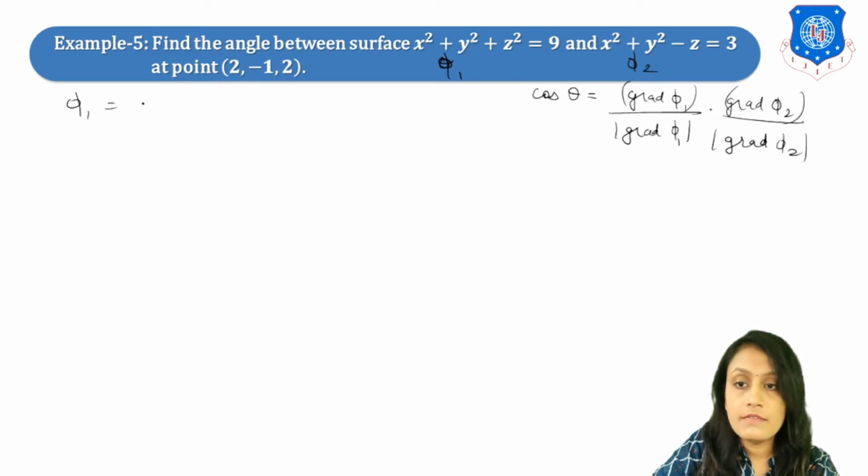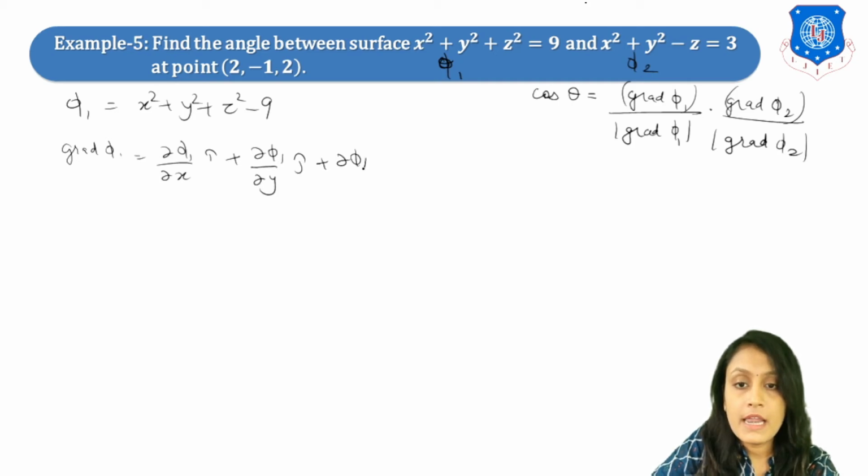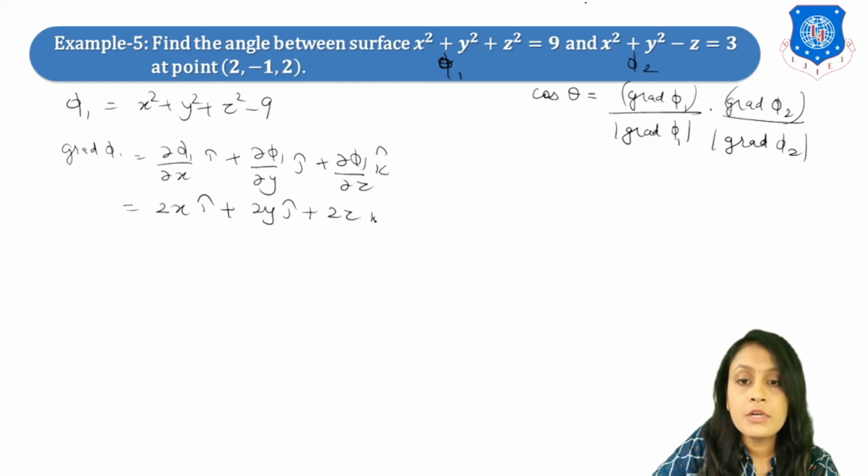So phi 1 is given, that is x square plus y square plus z square minus 9. First we will find the gradient of phi 1. So grad phi 1 is equal to del phi 1 by del x i plus del phi 1 by del y j plus del phi 1 by del z k. Now the derivative with respect to x is 2x, with respect to y 2y, and with respect to z 2z. Now we have to find this at the particular point 2, minus 1, 2.